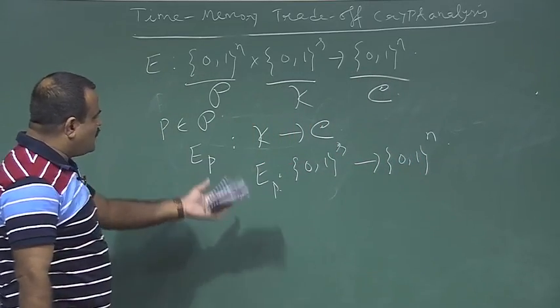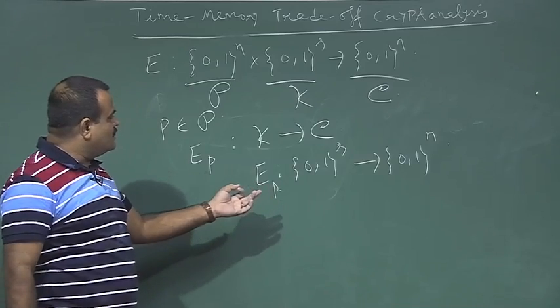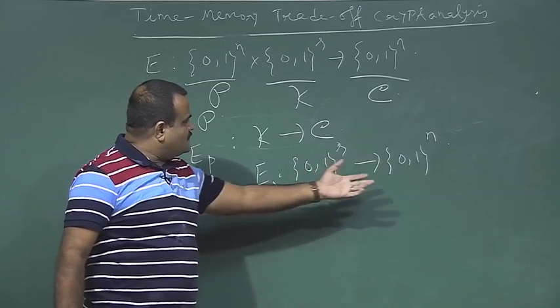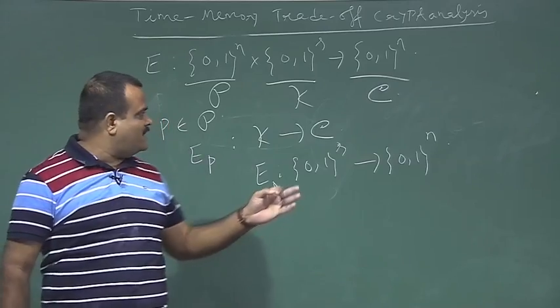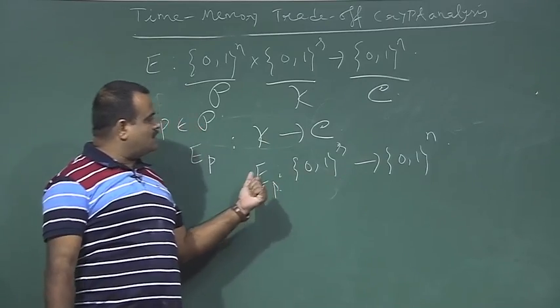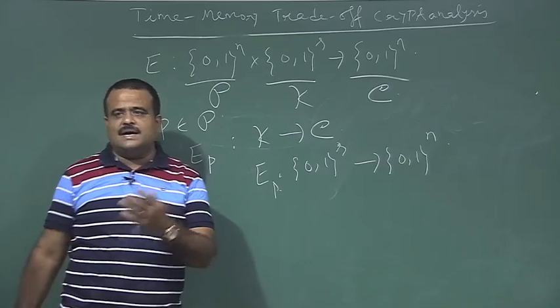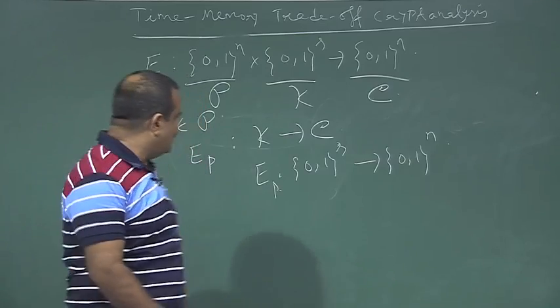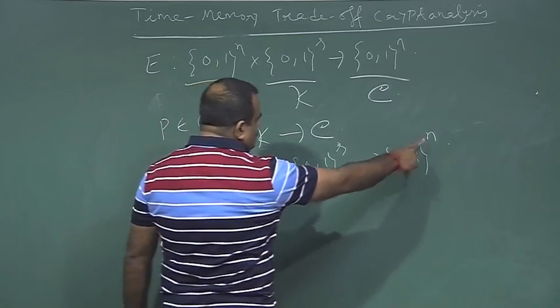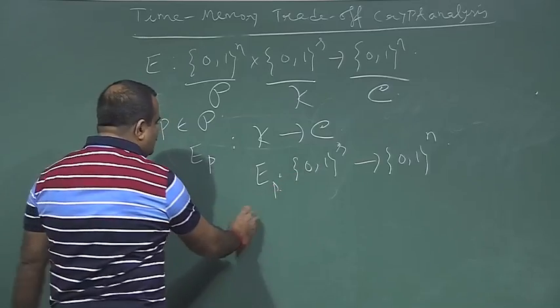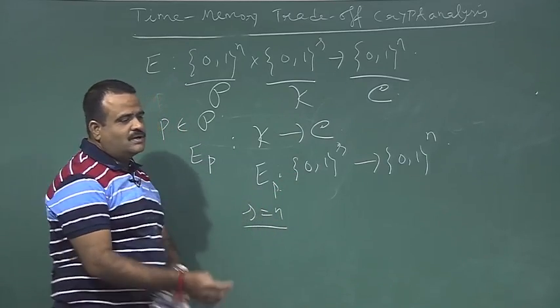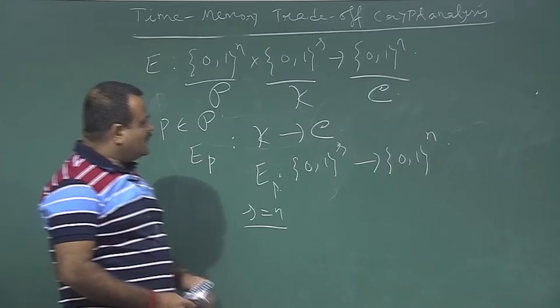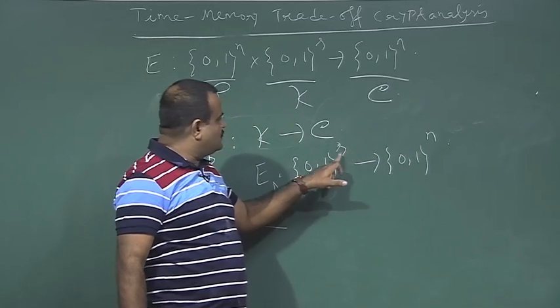This function is a one way function, because if we have a ciphertext, this is a known plain text attack. If we can get the corresponding key, then that is an attack on the block cipher. But now we want these to be the same. If s is equal to n, then no problem, but if s is not equal to n, for example for DES, this is 64, this is 56.